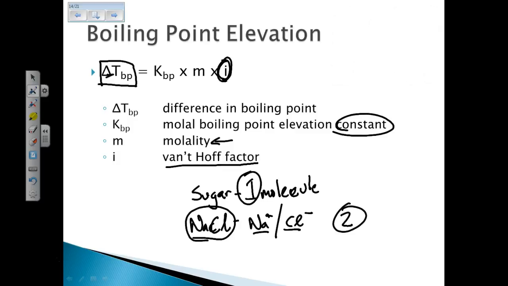So the funny thing is the more particles that are dissolved in the solution, I'm sorry, not the more particles. Well, okay, the more particles that are dissolved, yes, because of the molality, but also the more particles that the solution creates. So if you had something like CaCl2, that produces 1 calcium ion, but it also produces 2 chloride ions.